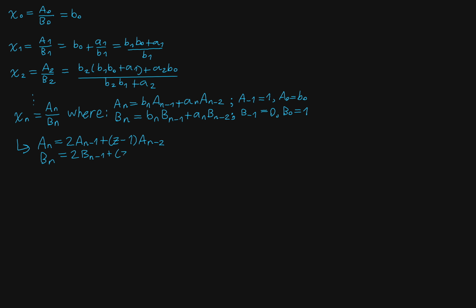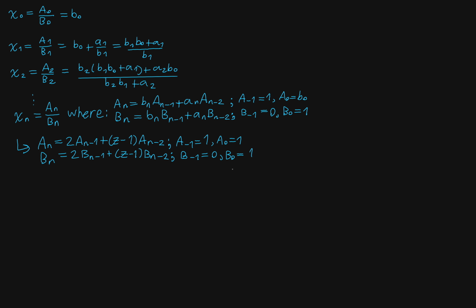The only thing that differs is the initial conditions. The initial conditions are a minus 1 is equal to 1, a0 is equal to 1, then we have b minus 1 is 0, and b0 is equal to 1.